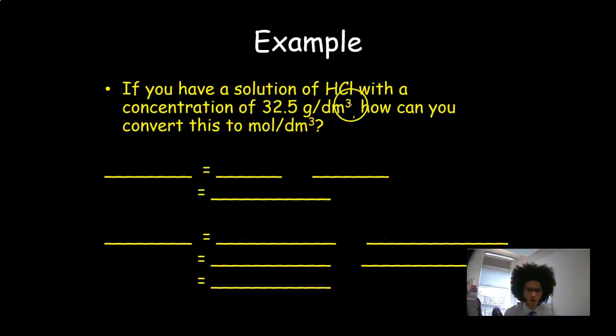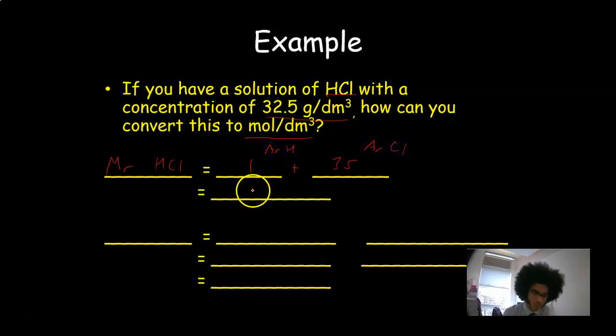Now let's go the other way. If you have a solution of HCl with a concentration of 32.5 grams per decimeter cubed, how can you convert that to moles per decimeter cubed? Again, the first thing I need is my MR. My MR for HCl is going to be 1 plus 35, that's the AR for hydrogen and the AR for chlorine, and that equals 36.